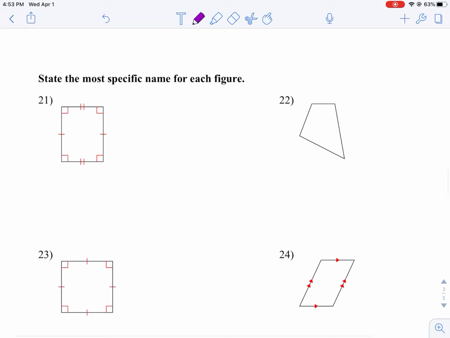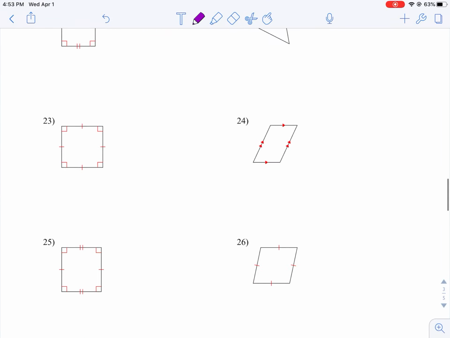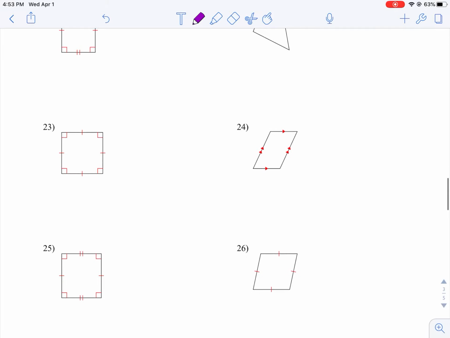And then last but not least, I'm not going to go through these, but I want you to tell me which quadrilateral. These are quads. The only thing I'm going to tell you is these are tick marks, meaning the opposite sides or every side with one tick mark is congruent, okay?